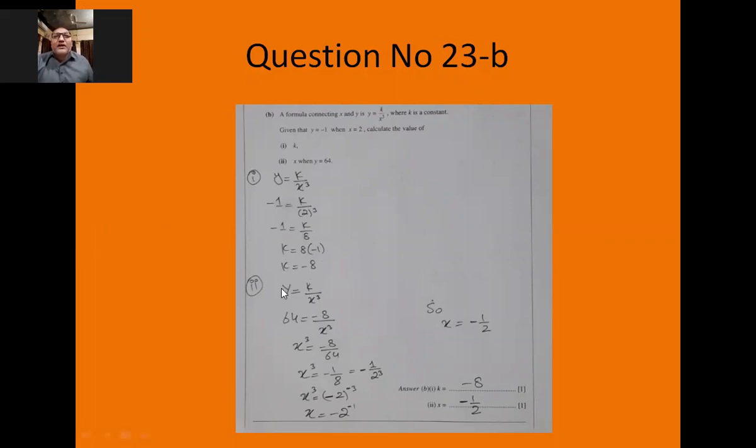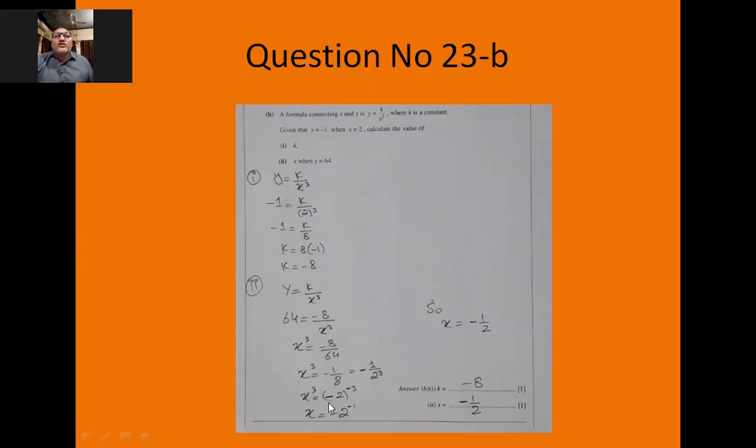In the second part, y equals k by x cube. The y value is 64. The x value we want to find out. The k value is -8. So you will have 64 equals -8 divided by x cube. X cube will come here, 64 will go downstairs. So -8 and 64 will be cancelled. So x cube will be equal to -1 by 8. As you know, 8 is 2 cube.